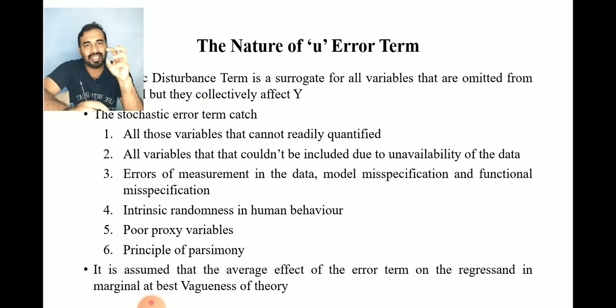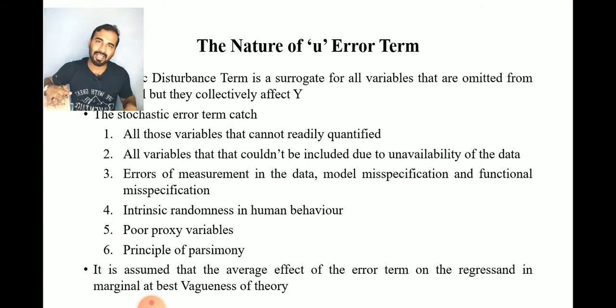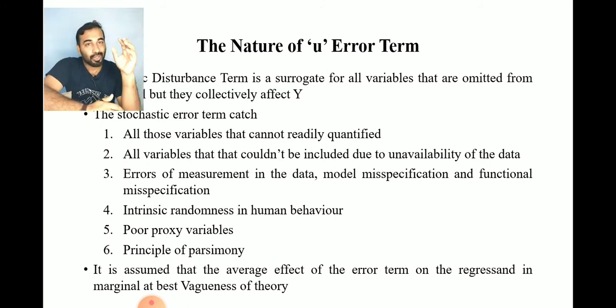This is what we know as intrinsic randomness in human behavior. Human behavior is unique for different individuals, and we cannot predict or model it. To include such behavior, u will take care of this intrinsic randomness.